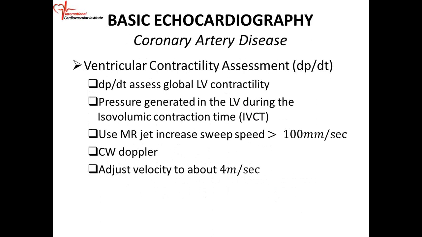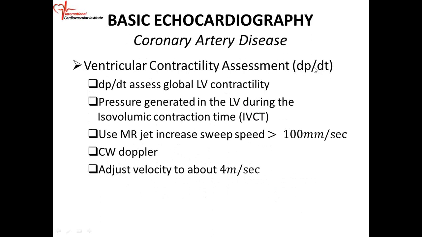You can generate a pressure in a short period of time, as opposed to a situation where the LV systolic function is depressed, weak heart muscle. It's going to take a much longer time to develop that same amount of pressure. So your dP/dt is going to be less.